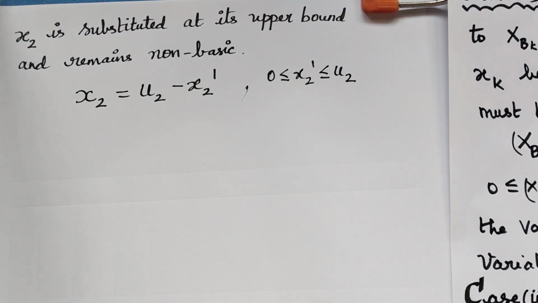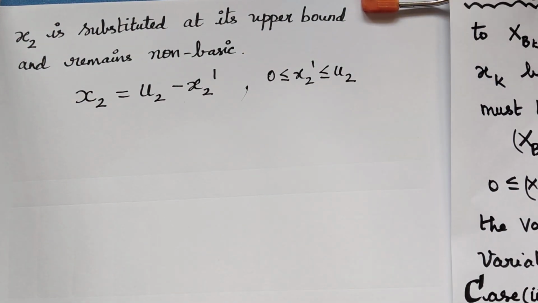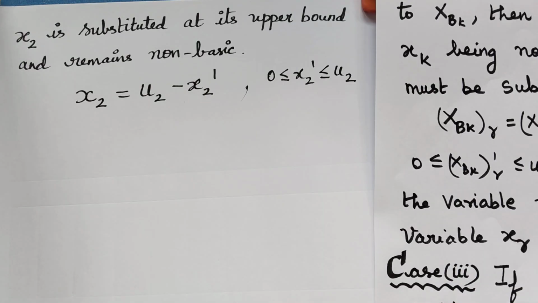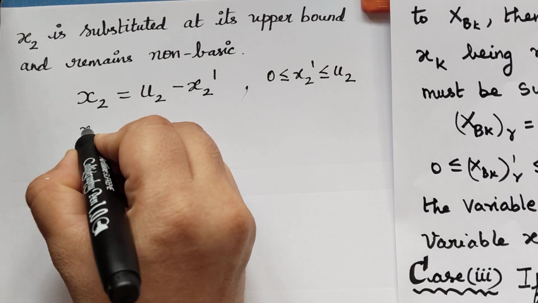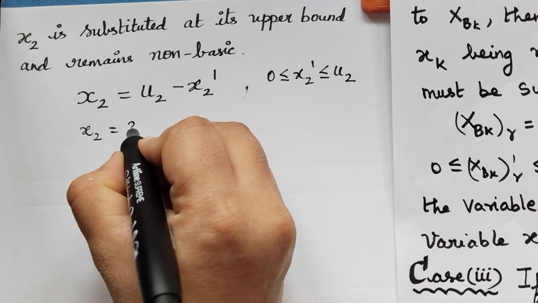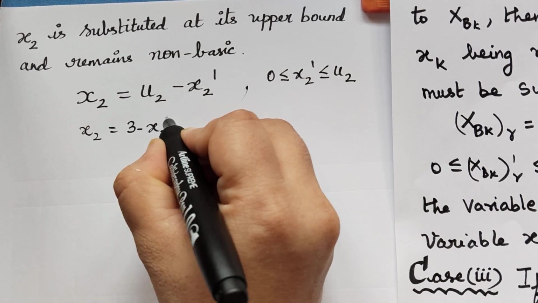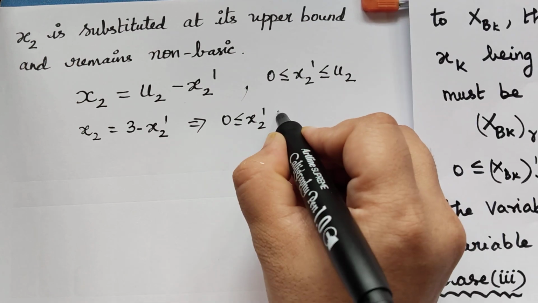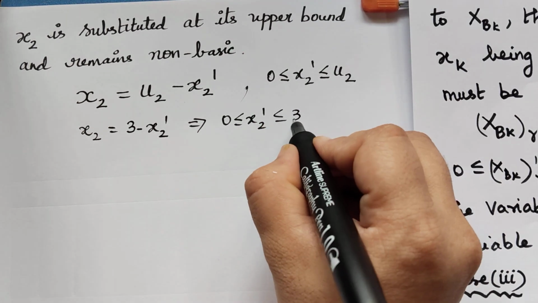Now if you see what is u2 in our given problem, u2 is equal to 3. So that we have to make a substitution. So x2 is equal to 3 minus x2 dash, and from this, 0 ≤ x2 dash ≤ 3.